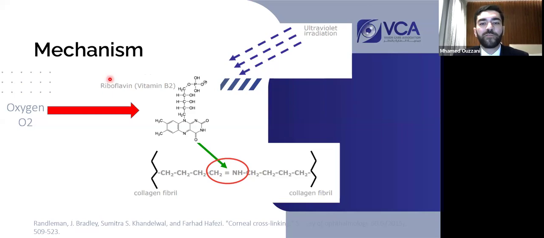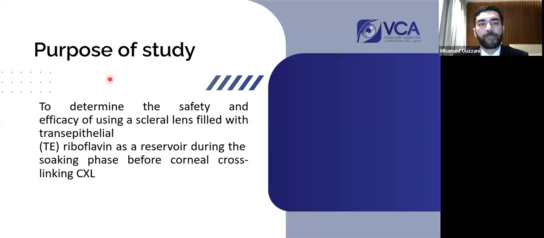So the riboflavin will penetrate to the stroma, and then the UV irradiation will activate this riboflavin, and new chemical bonds will form in the structure of the stroma.